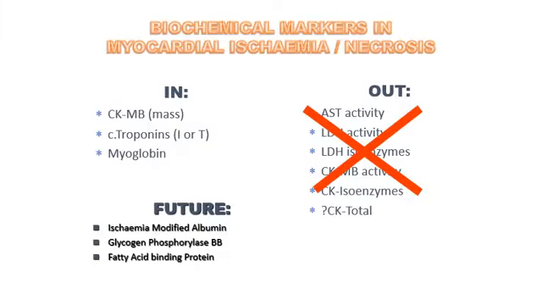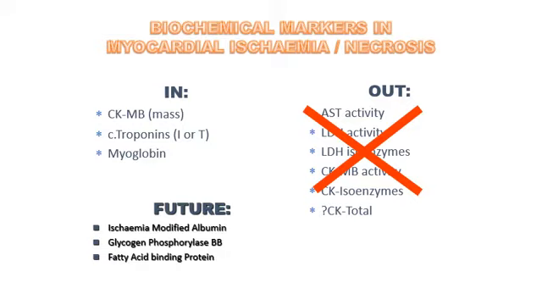So now, from all this list of the markers that we mentioned, what should we use? Stick to the three: CKMB, cardiac troponins, myoglobin. Is there any future?